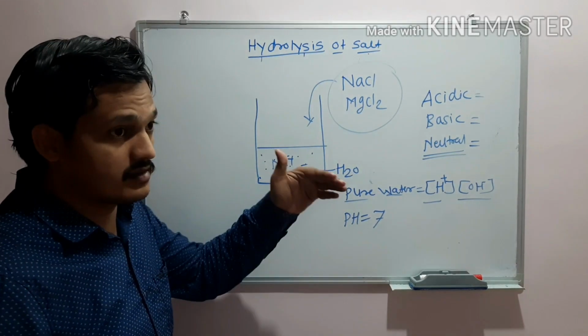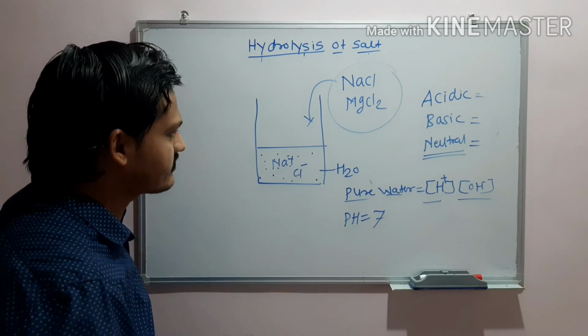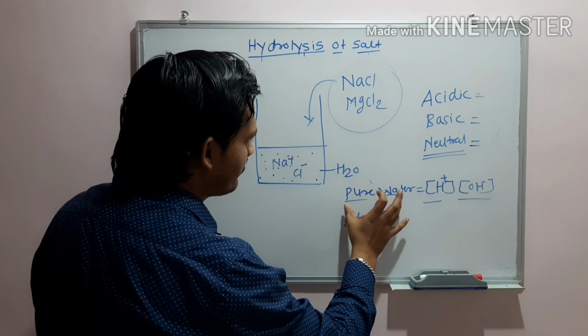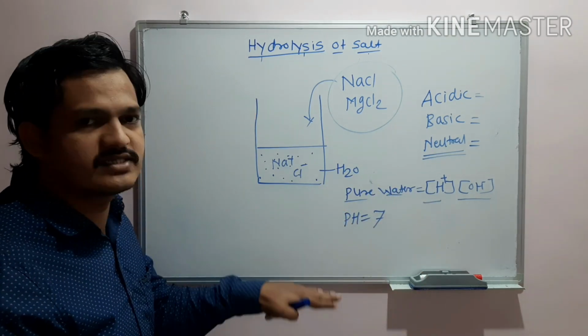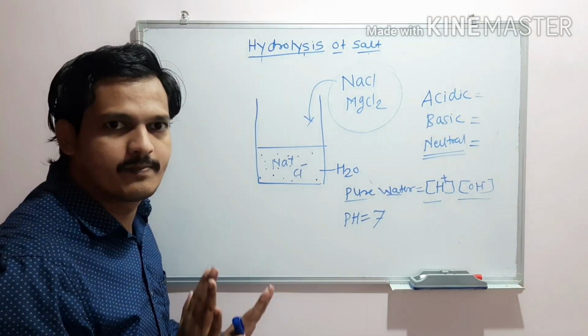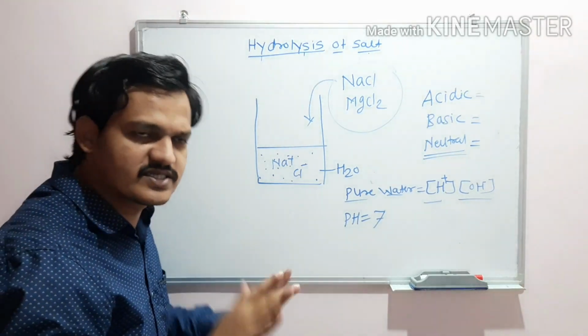Okay, so I am giving you more details regarding this definition. Don't worry. If we have pure water, the H plus and OH minus ions are in equilibrium, so pH must be definite. Let us say the pH is 7.